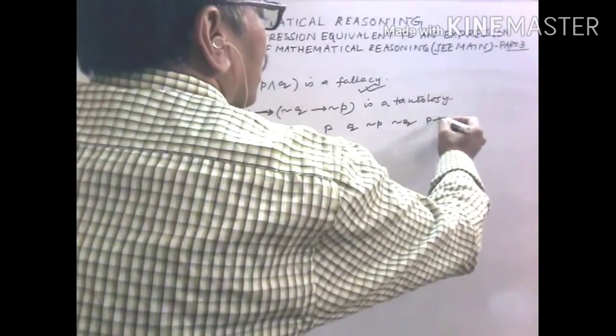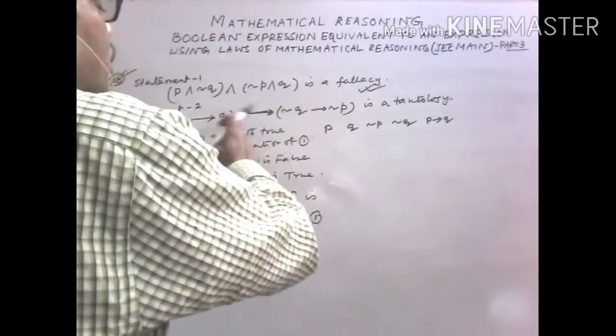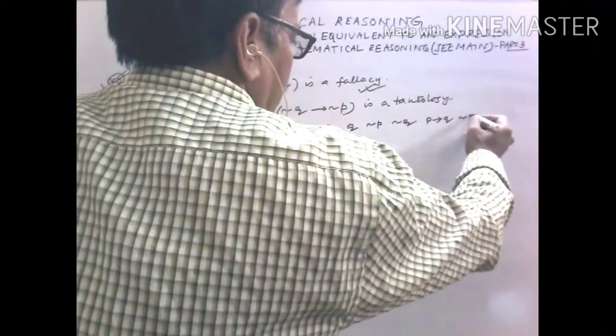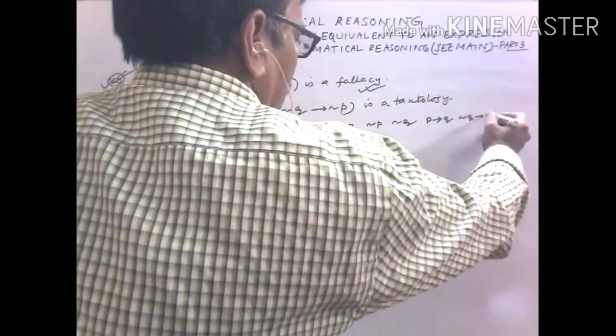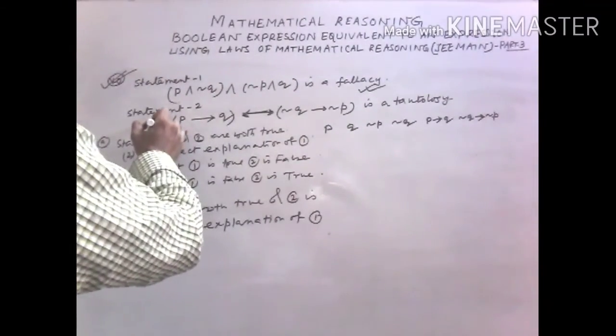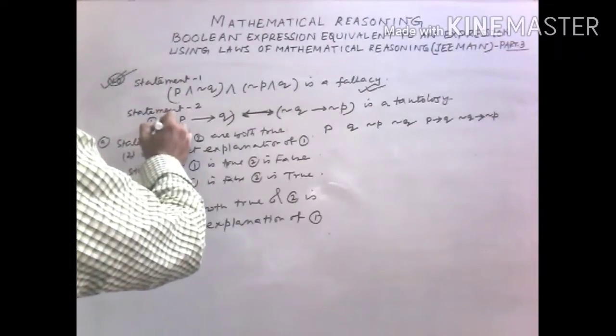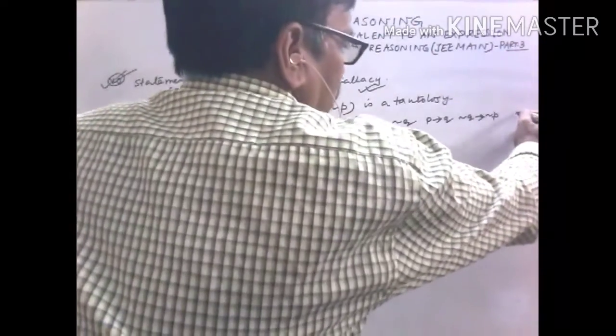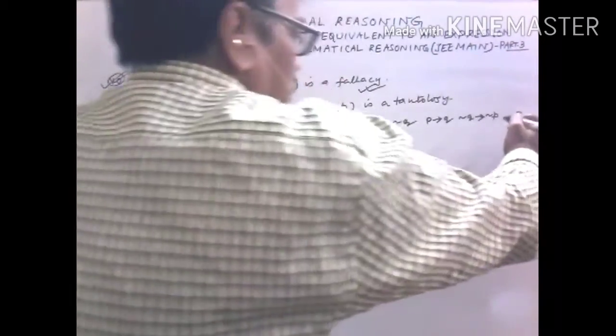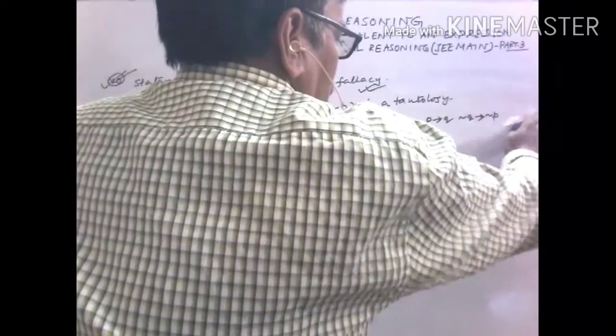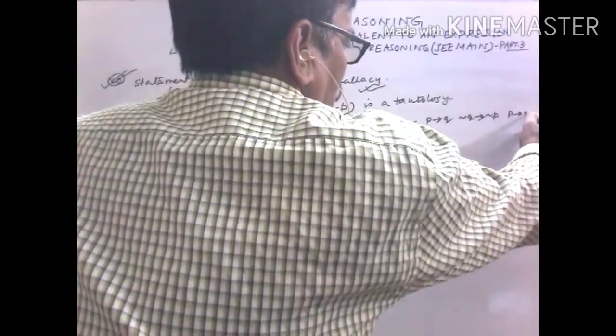Then P arrow Q, Q arrow P, negation Q arrow negation P, and finally this one we consider as the proposition.